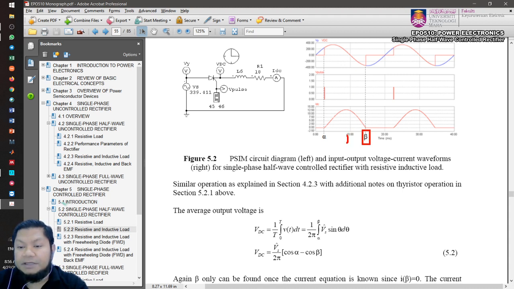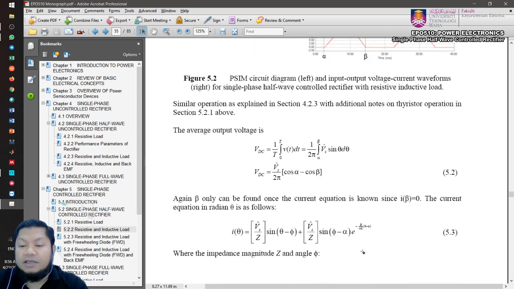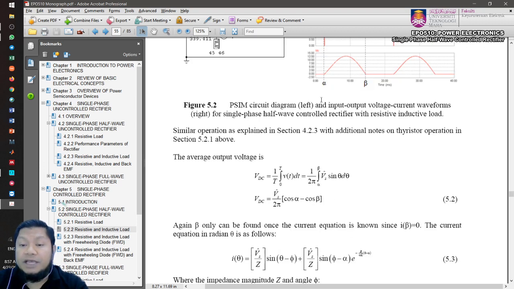This is pi here, so beta is closer to the pi. Don't let the initial condition in your calculator equal 0, because if you set your initial condition to 0, you will get the value of alpha. But if you set your calculator to the initial condition equals to pi, then you will get the beta.